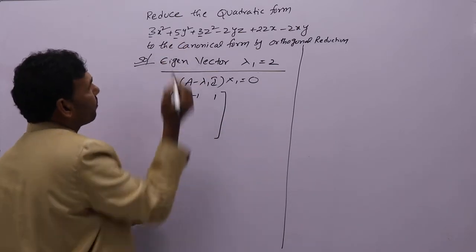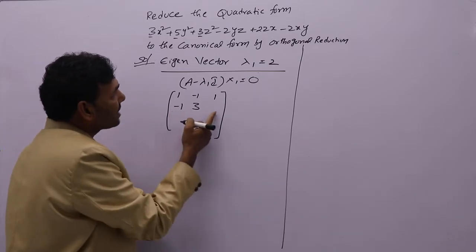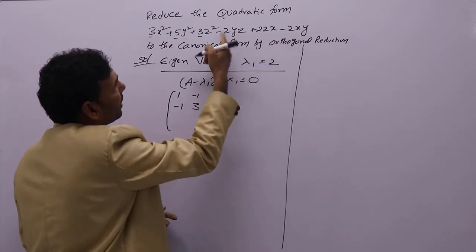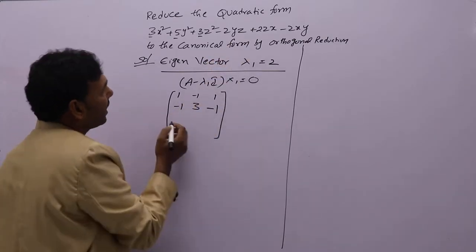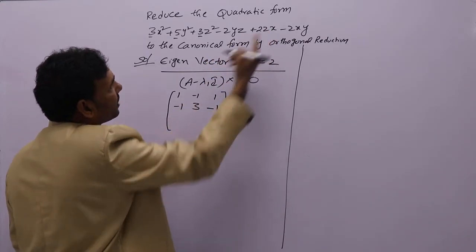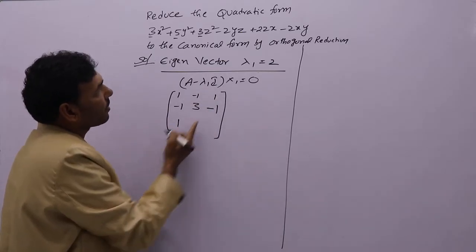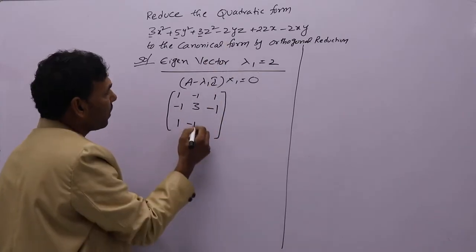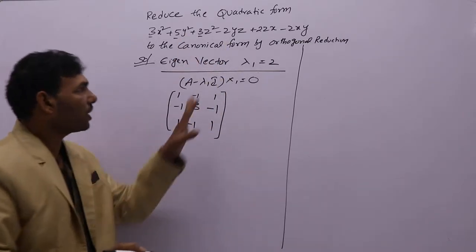Here you will have 5, 5 minus 2, 3. Next, yz coefficient -2 only, -1. Next, xz coefficient also 1. Next, zy coefficient -1. Here you will have 3 minus 2, 1.